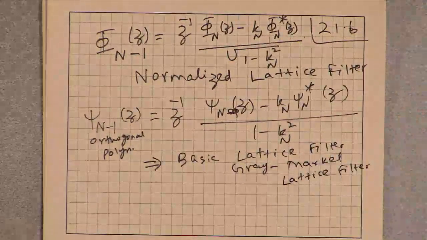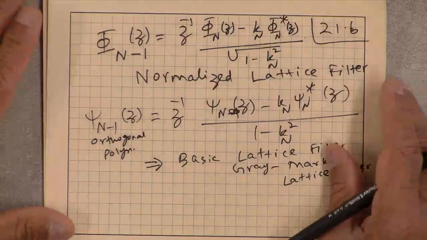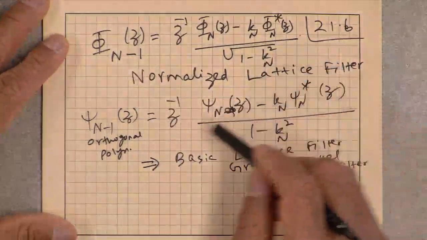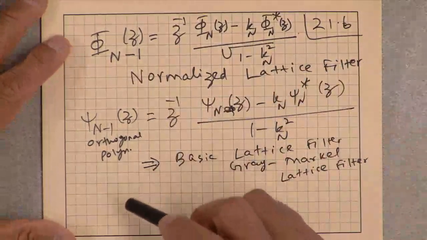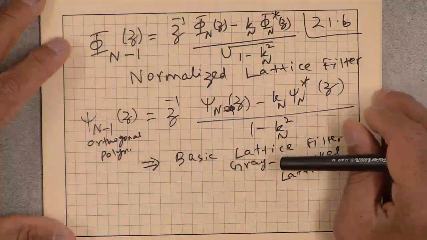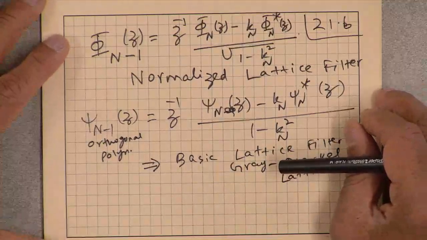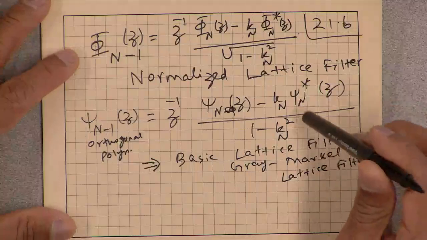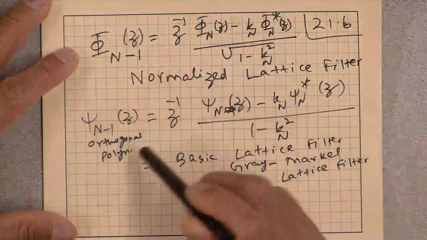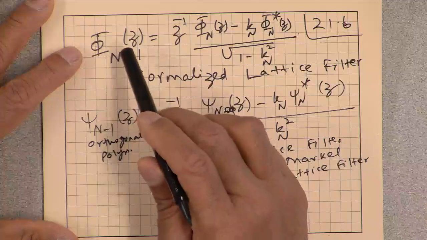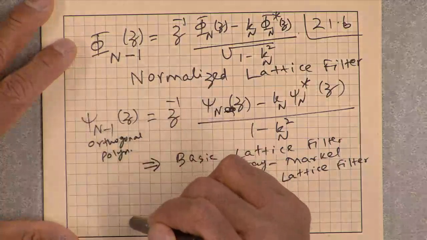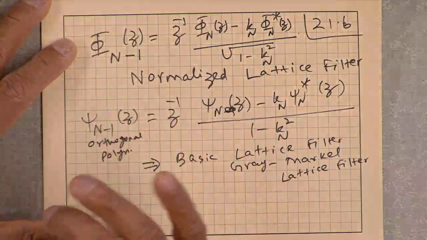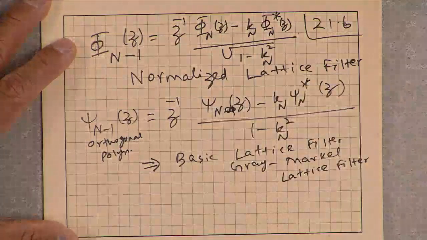Let's look at that. If I start with a degree n, initially the denominator is considered the degree n polynomial. Whether it is any kind of lattice filter, phi n or psi n or lambda n, for degree n they are all the same. That's good to know.